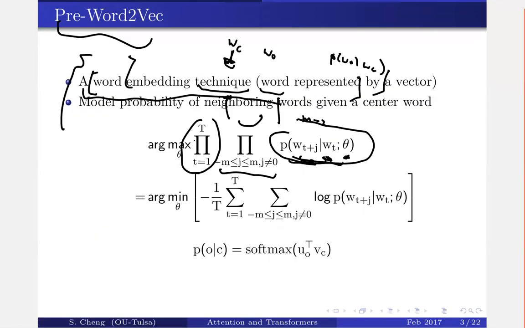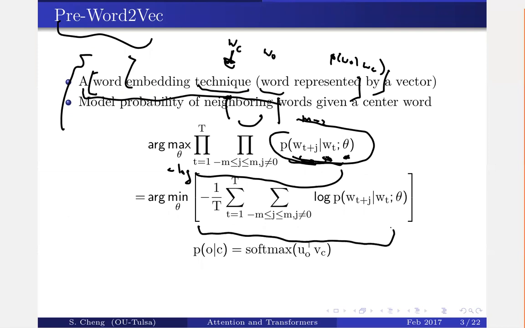Maximizing this is the same as minimizing the minus log probability, because in machine learning, people usually like to do minimization rather than maximization by convention. So let's minimize the negative log of this instead.